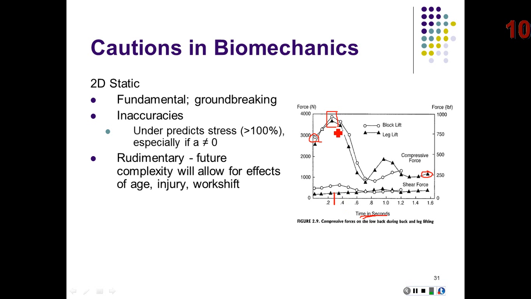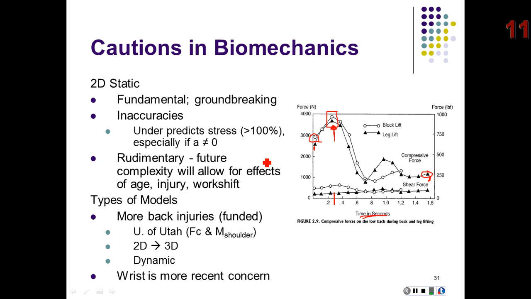There's no way for us to capture that point in time, and so the best we do is the beginning or the very end. So we know that we're underestimating the stress.